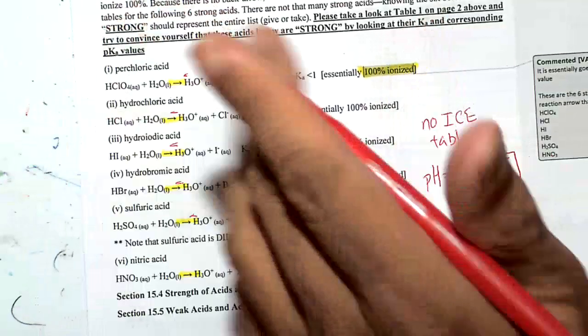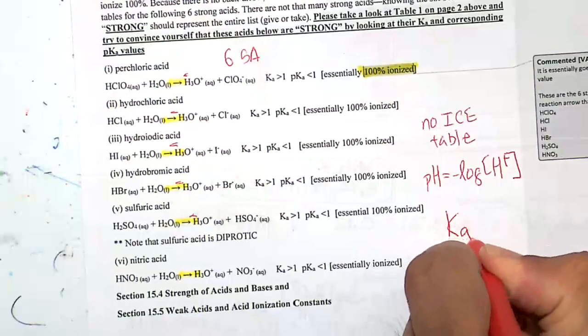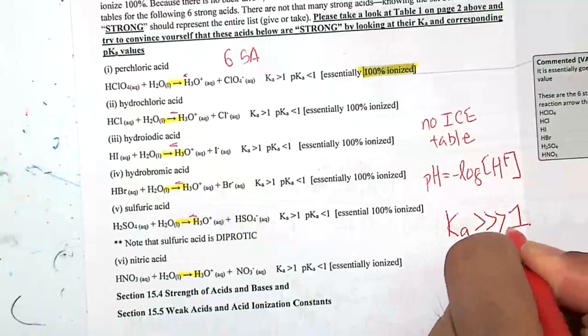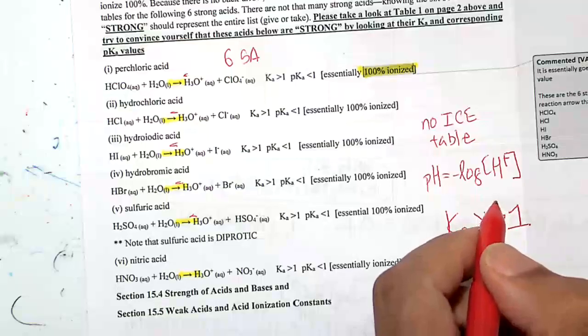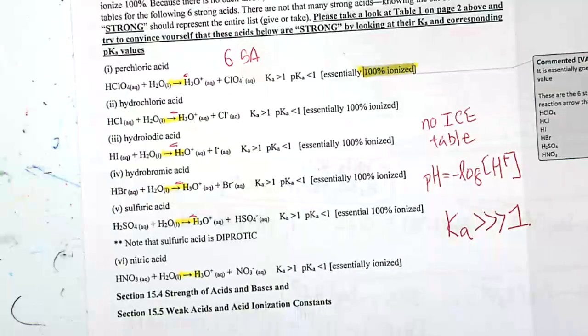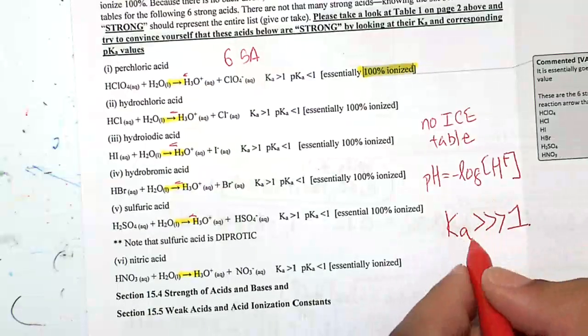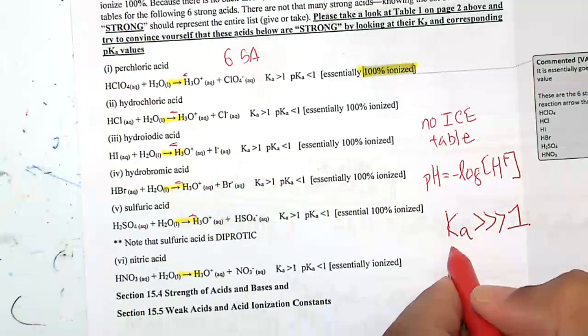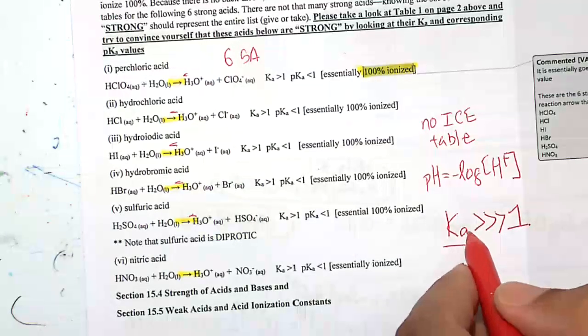Also, the Ka, that equilibrium constant, is very large. If I give you $1 million, are you moving forward or backwards? You're moving forward. So if you have a Ka of 1 million, the reaction is facing forward. Remember, there's no units on the Ks.